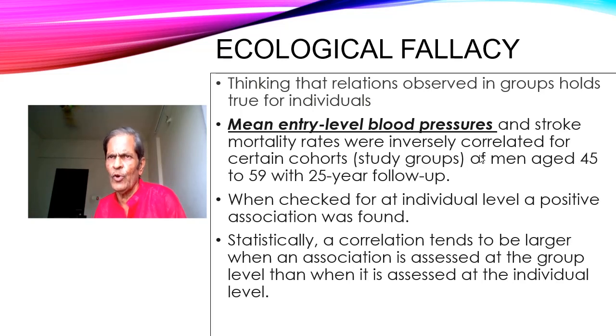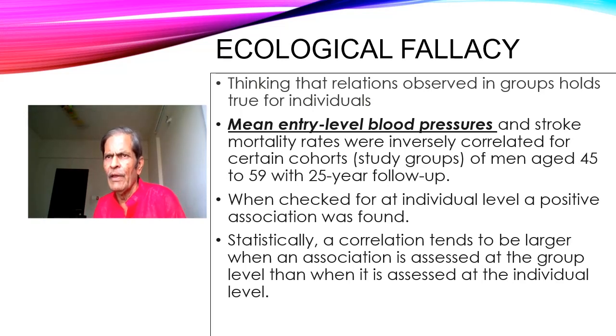So it was found that those groups which had higher mean entry blood pressure had the least mortality because of stroke, and those groups which had the least mean entry blood pressure had the highest stroke mortality.